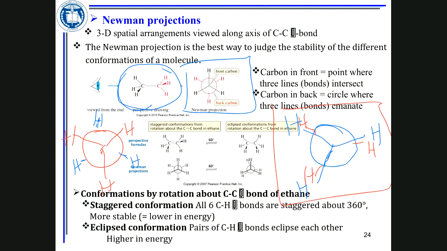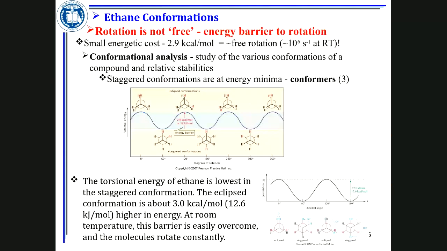Okay, so it's just the drawing that you need to be able to do for the Newman projection, and then look at the energy diagram. For the eclipse, we have the highest energy, and how do we know it's eclipse? Because these hydrogens are covering each other, and the staggered is going to have the lowest amount of energy for ethane.